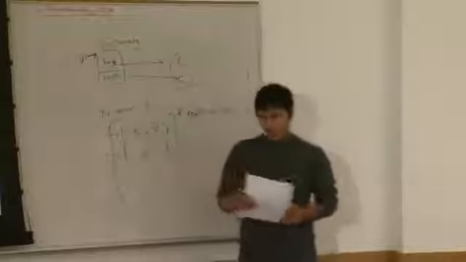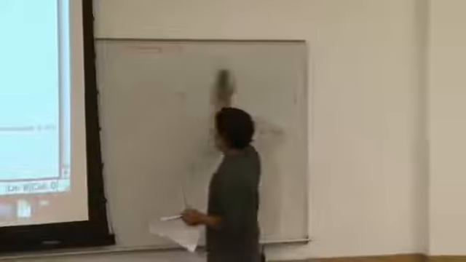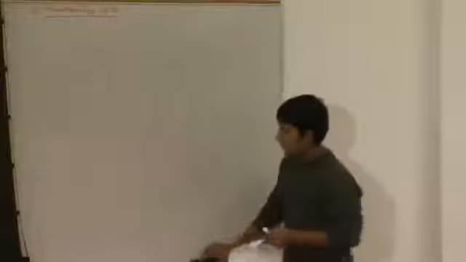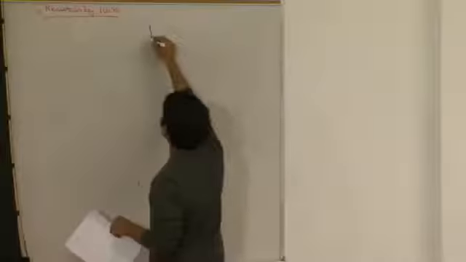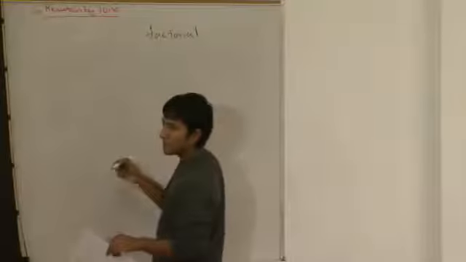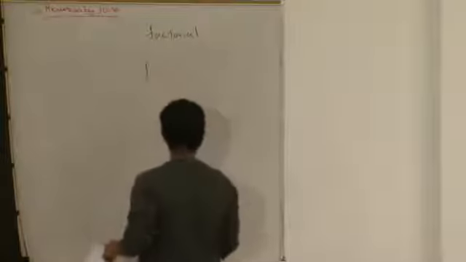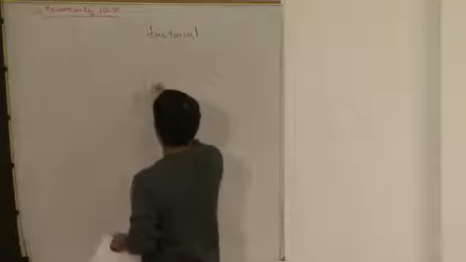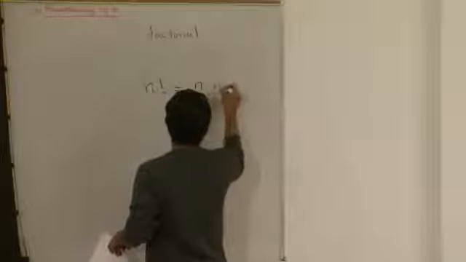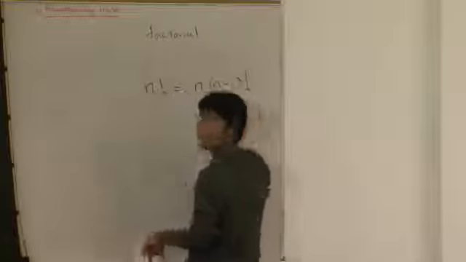So there are two parts in recursion. The first one is the base case. So for a factorial problem, we can express the nth factorial as n into n minus 1 factorial.